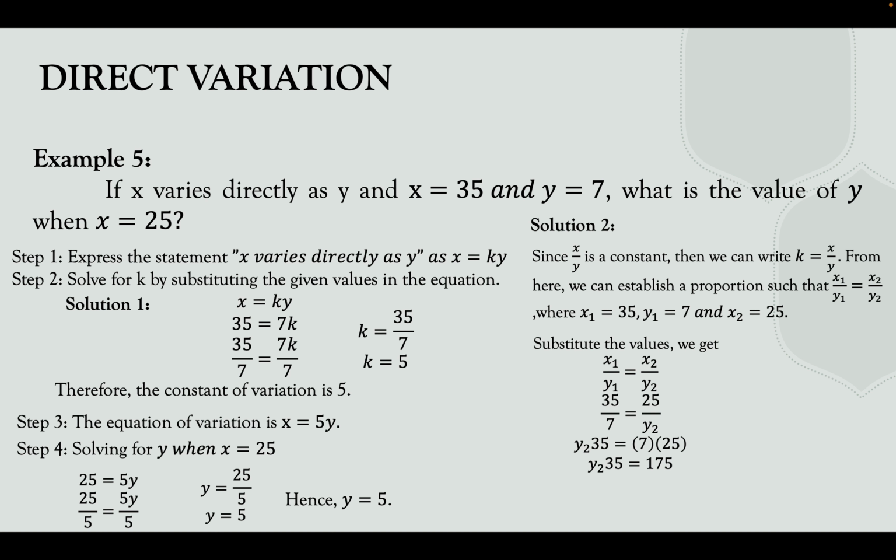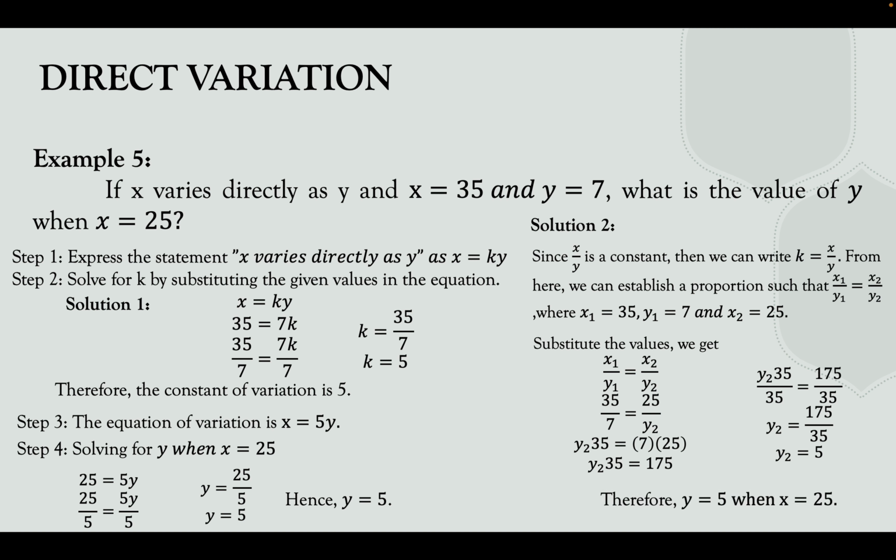Cross multiply: y sub 2 times 35 equals 7 times 25. 7 times 25 is 175. To isolate y sub 2, we divide both sides by 35. So y sub 2 equals 175 divided by 35, which gives y equals 5.